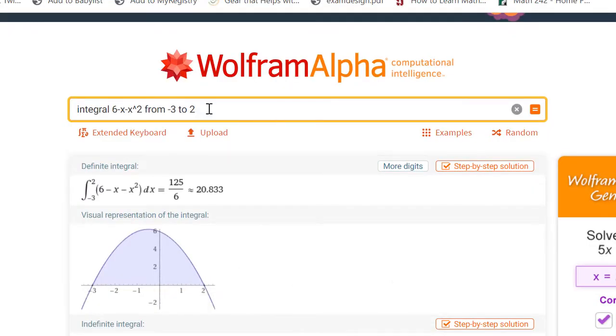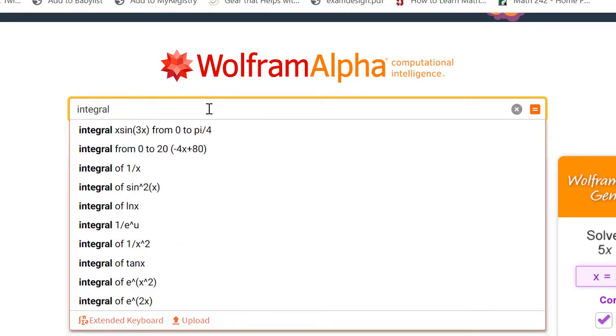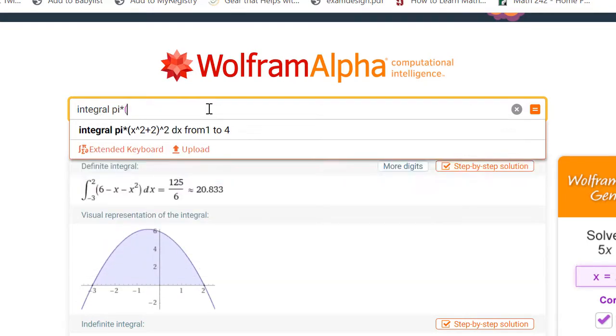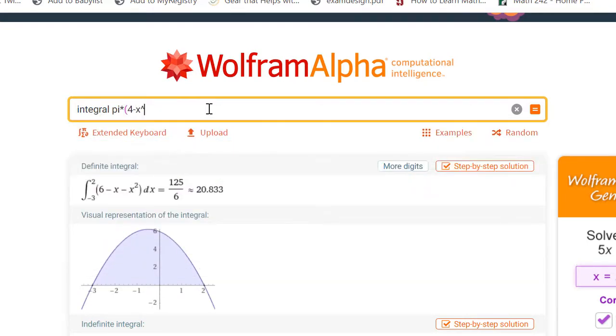So when we want to have Wolfram Alpha compute something, we can tell it to take the integral of pi times 4 minus x squared, quantity squared, and it's all over 2, so we'll do pi over 2, from negative 2 to 2.